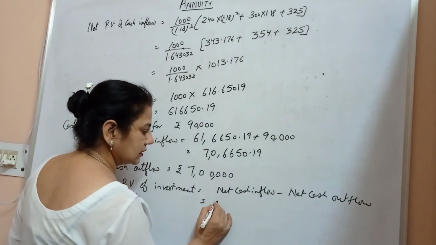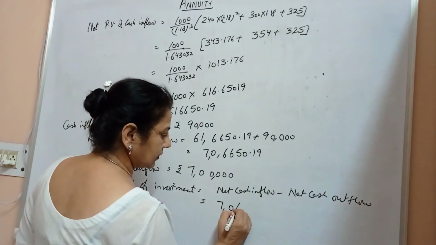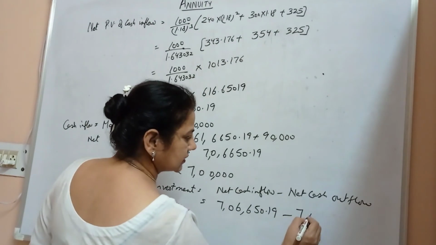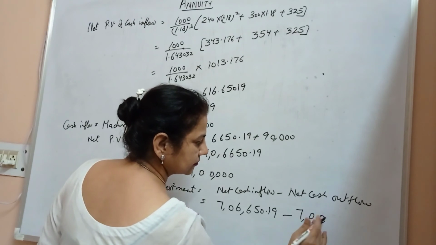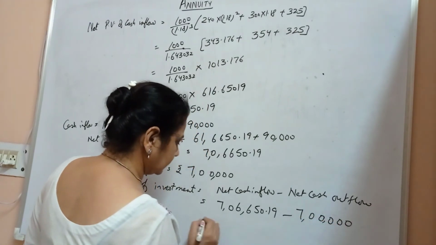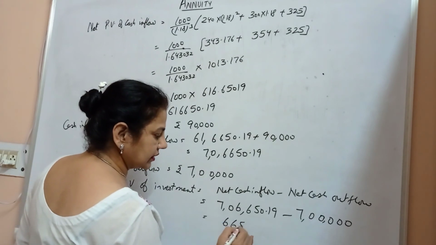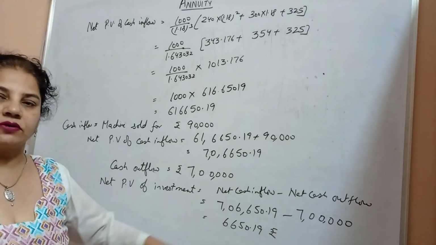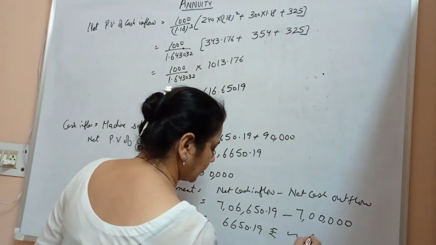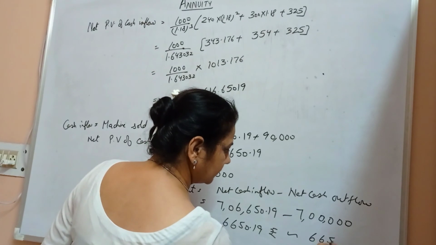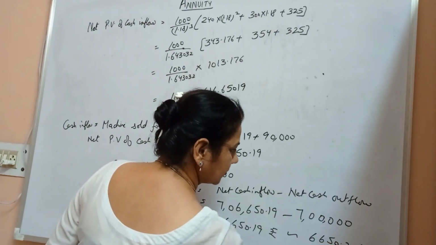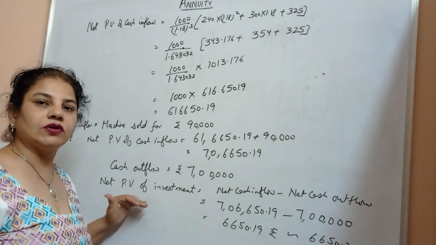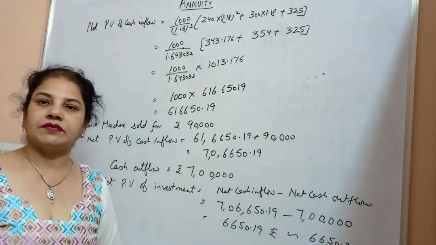That means 7 lakh 6,650.19 minus 7 lakh, which comes out to be 6,650 rupees 19 paisa, or rounded off, 6,650 rupees 20 paisa approximately. So the net present value of investment is 6,650 rupees 20 paisa.